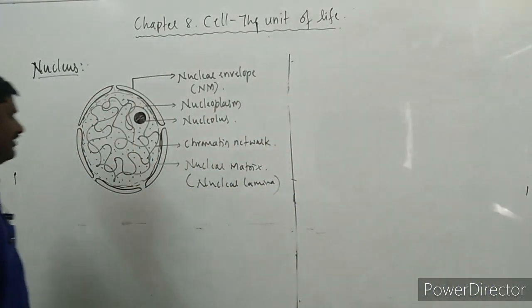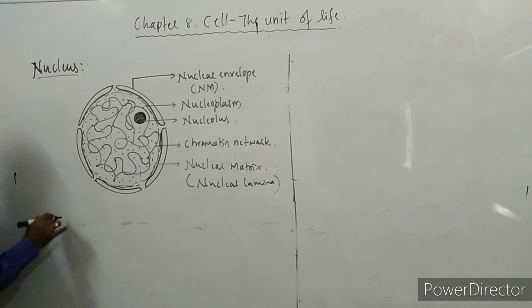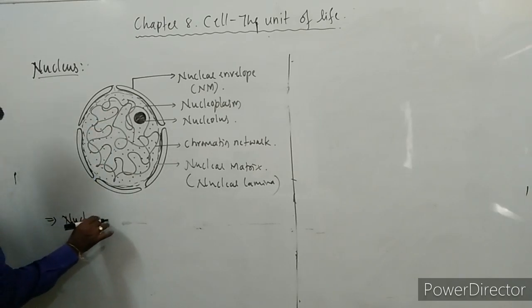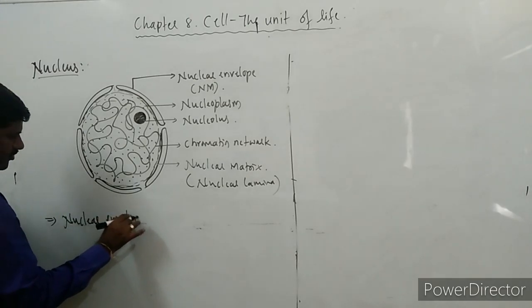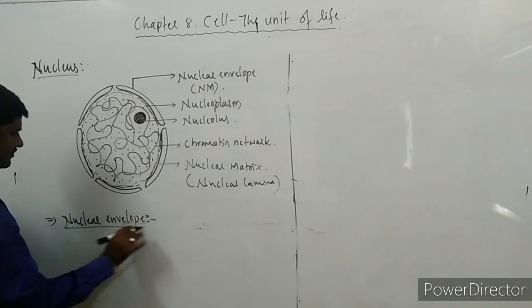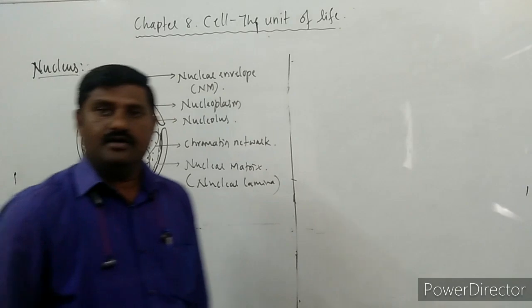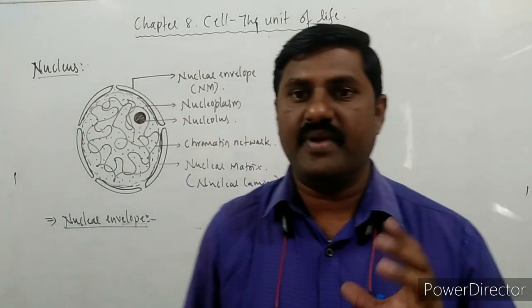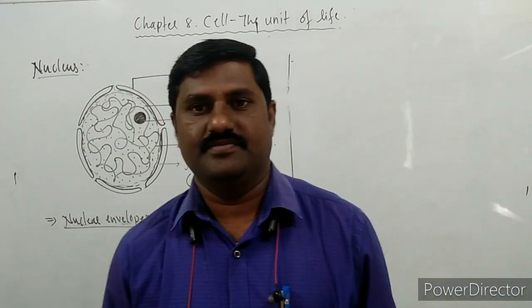So let us study one by one. First one is nuclear membrane or nuclear envelope. So it is a double membrane bound cell organelle, right?